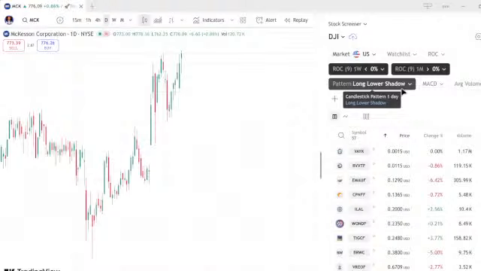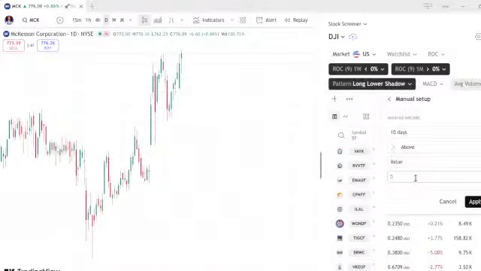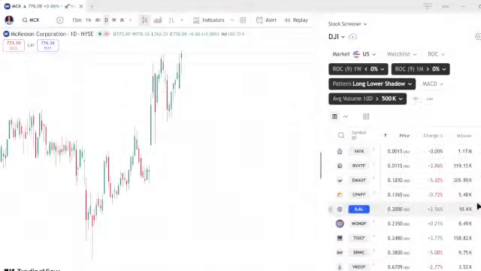All right. So an average volume of at least 500 or more. Now the reason why we're choosing 500 or more is because we do not want to trade illiquid stocks.